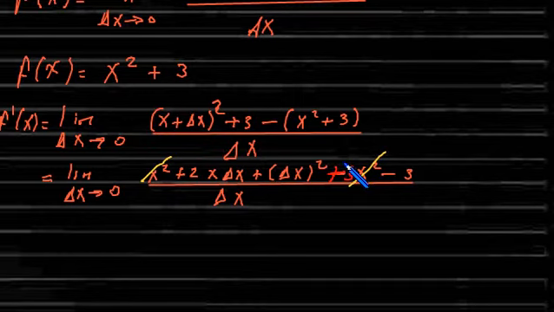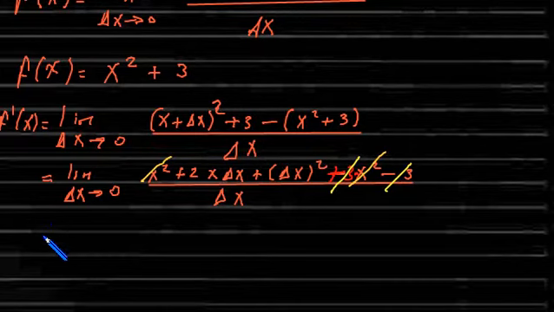So we cross the x squared with this x squared. Now what I'm going to do is cut out the minus 3 with the plus 3, so that just becomes 0. Now I have no x squared, no 3 here.